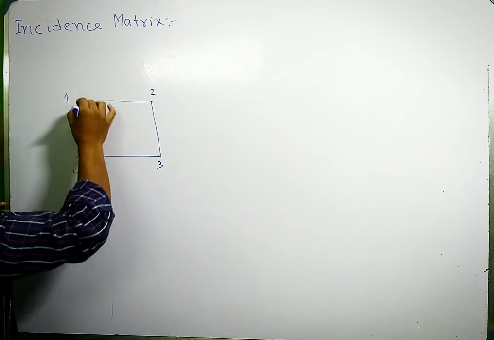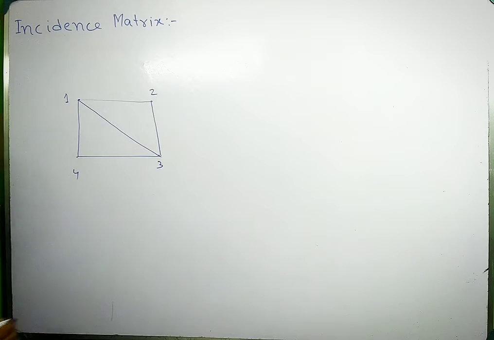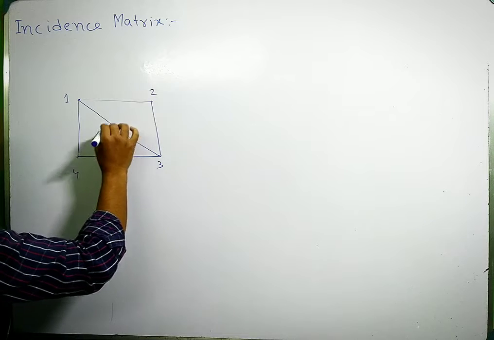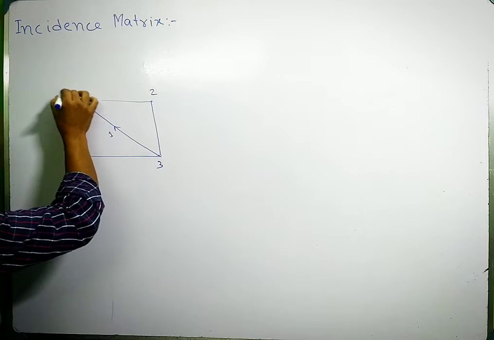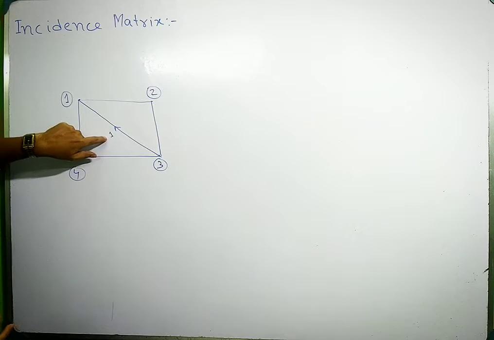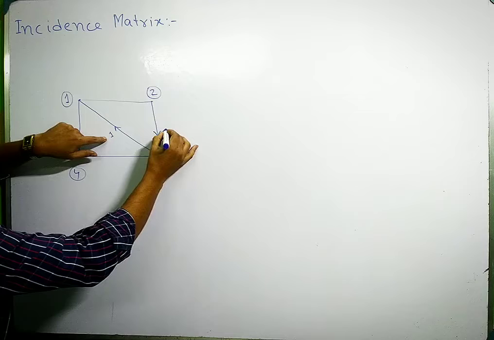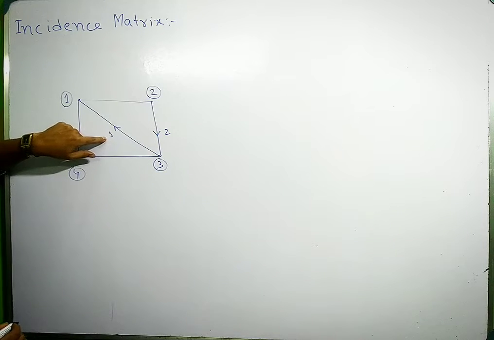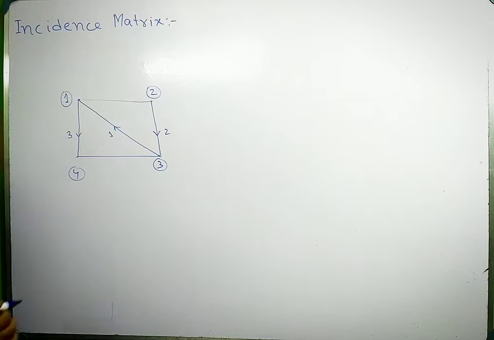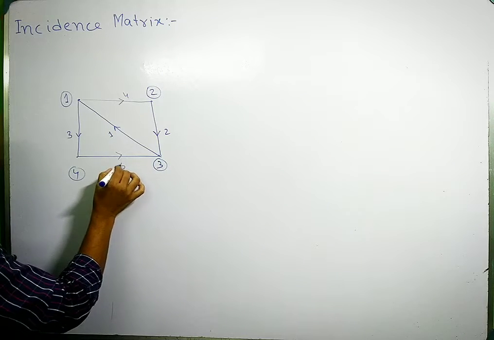This is branch 1, this is branch 2, this is branch 3, this is branch 4, and this is branch 5.